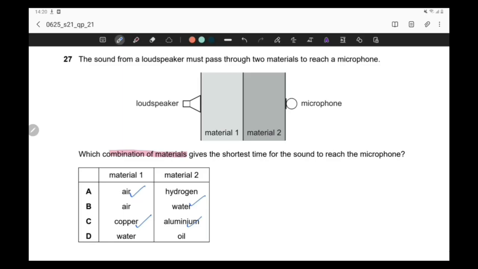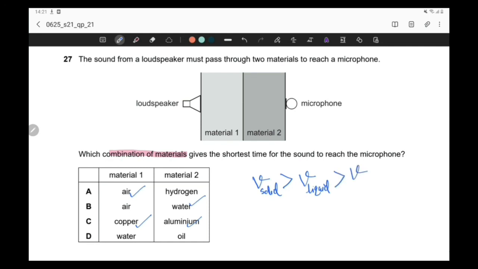When we check the speed of sound, it is most in solid, so we can understand the velocity or speed of sound in solid is very high. Then the speed of sound in liquid, and the least speed the sound will have is in air.